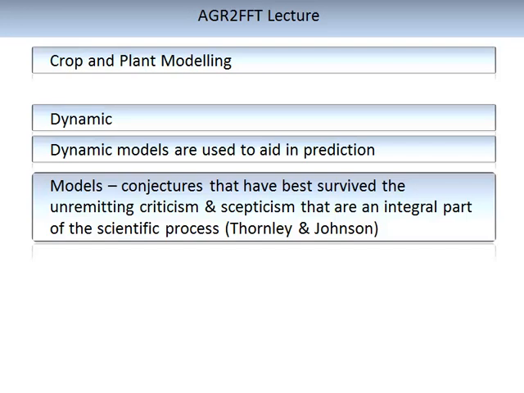A dynamic model accounts for the time-dependent changes in the state of the system, while a static, sometimes referred to as a steady-state model, calculates the system in an equilibrium, and thus time is invariant. As crops and animals grow, you need to incorporate time, therefore you need to use dynamic models.